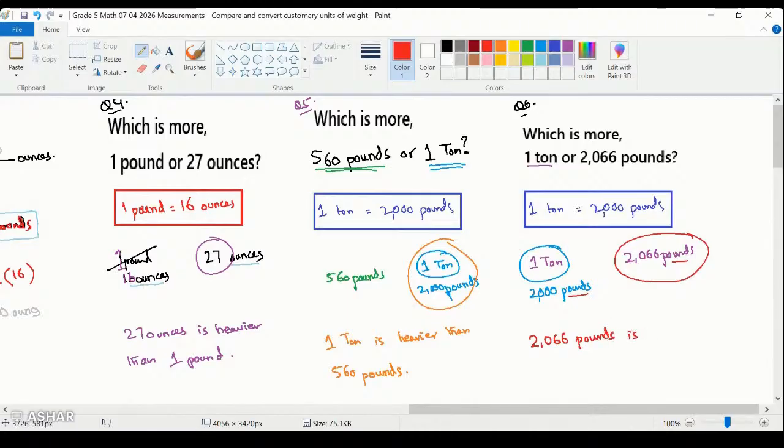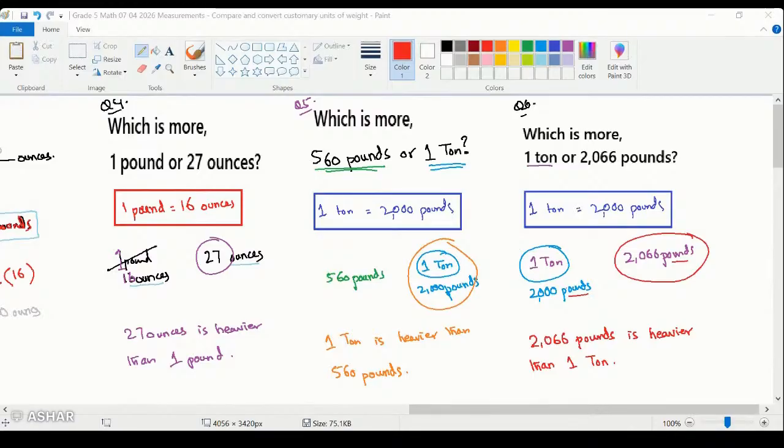We never use more, because whenever we are talking about weight, we talk about lighter or heavier. 2066 pounds is heavier than 1 ton. Agreed? Okay, let's move ahead.